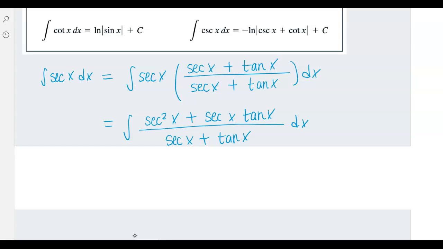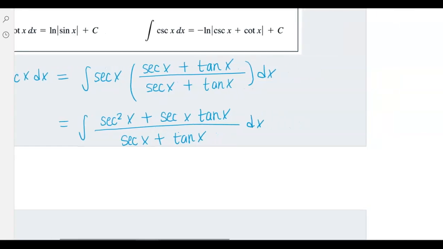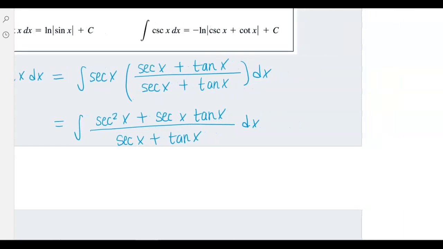Okay. Now we're going to use that substitution method. I'm going to let u be equal to secant x plus tangent x, what I see down in the denominator right here.